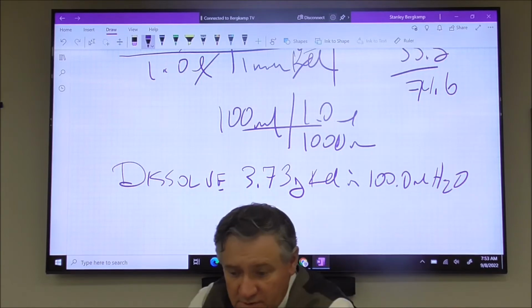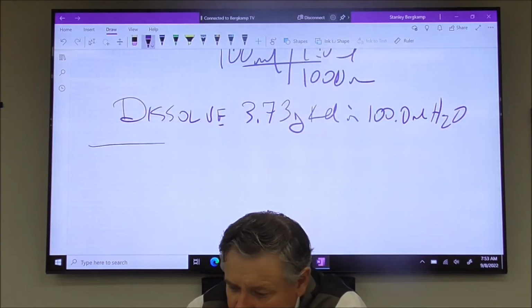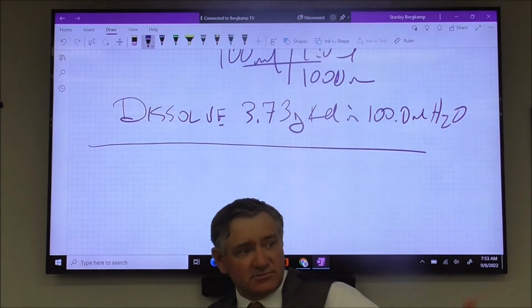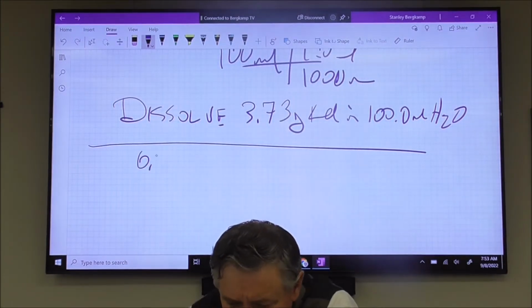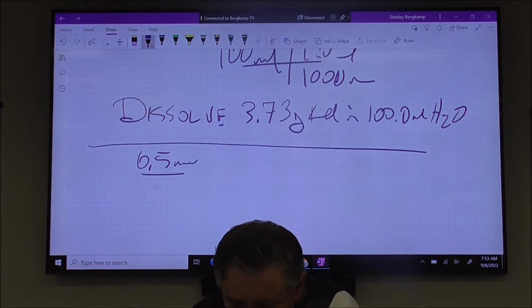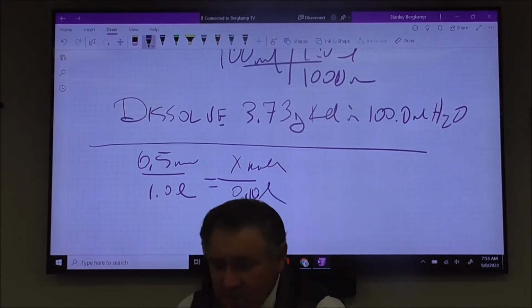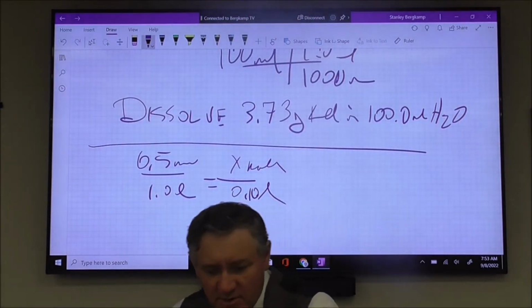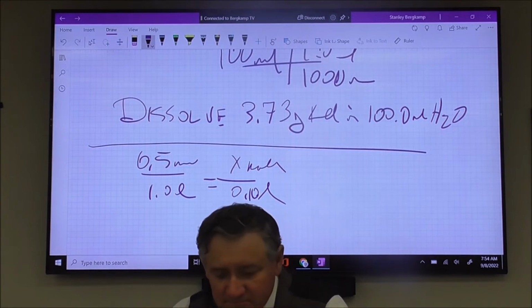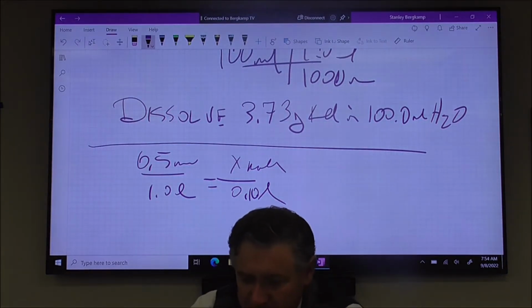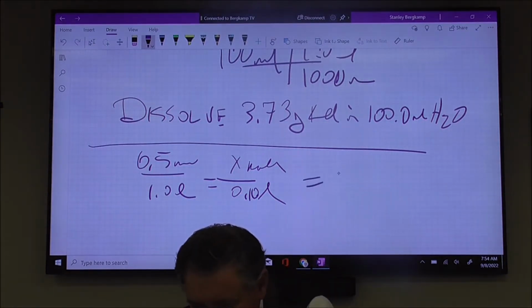The other thing that you can do, and you do the same math, but some people like to work this as a ratio. You go, okay, I need a half mole per 1 liter is going to equal X number of moles over 0.1 liters. You can set it up as a ratio. So I'm going to take 0.5 times 0.1, and I'm going to get 0.05 moles.